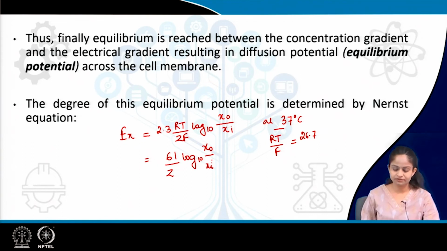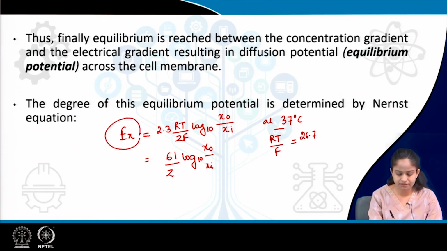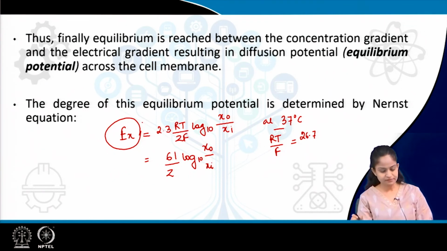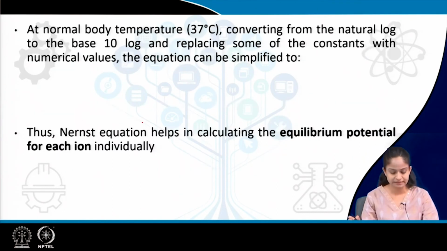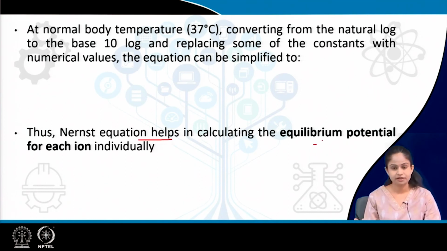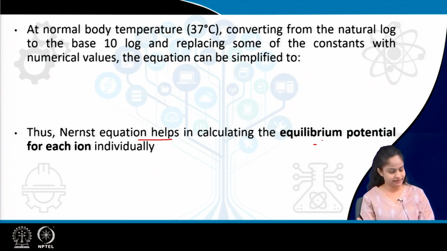That will give the Nernst potential or the equilibrium potential of each ion. In this way the Nernst potential across the cell membrane of each ion is determined, and already I have told you how the Nernst equation helps in calculating the equilibrium potential for each ion individually.